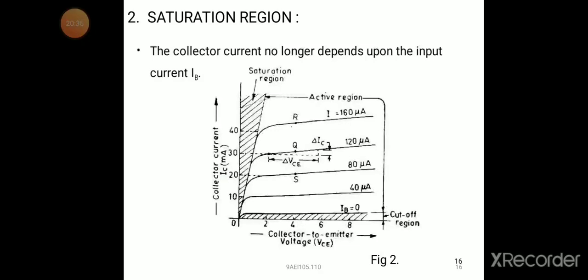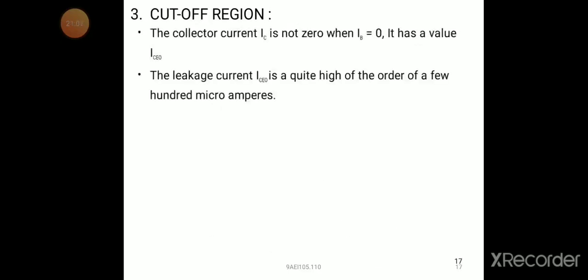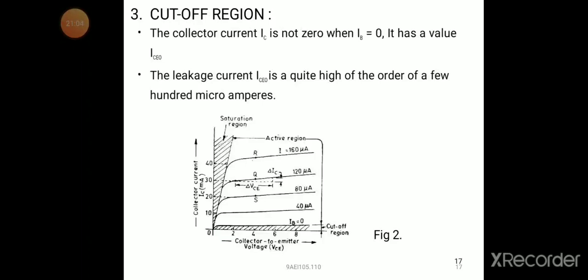Now the saturation region. The collector current no longer depends upon the input current IB. That region is called the saturation region. Cutoff region: the collector current IC is not 0 when IB is 0.